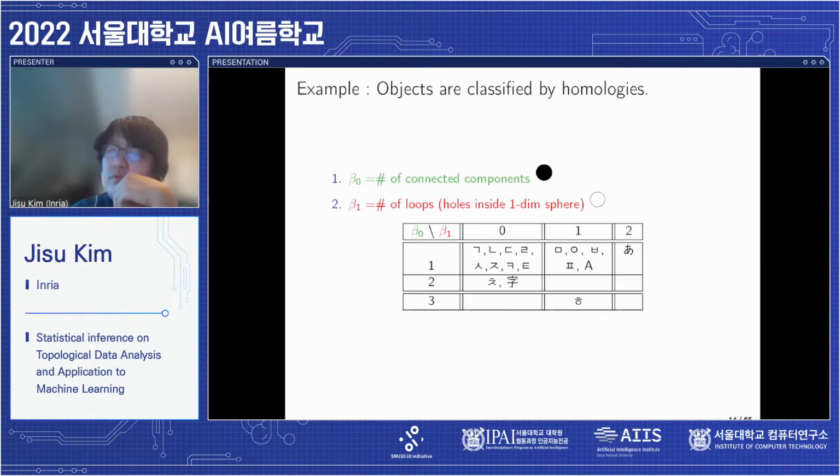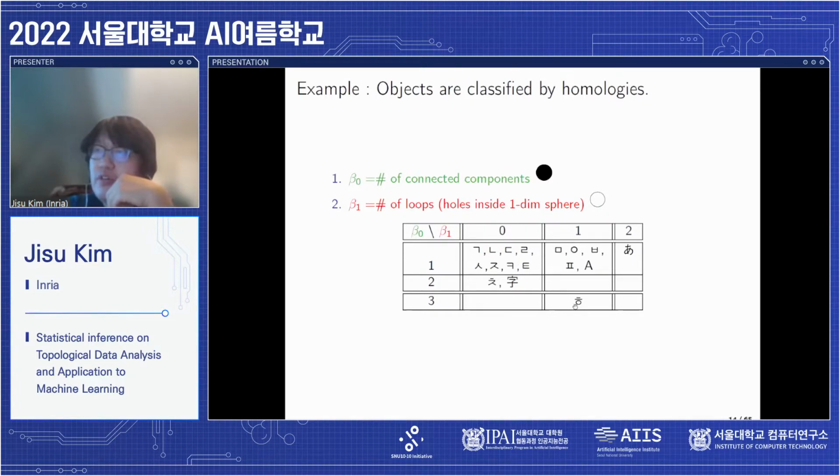So when two objects are equivalent by rotation, then they have the same shape, so they have the same topology. And when you count the number of connected components here, then it is obviously 1. And also they have no loops here, so this Giyeok and Nieun fall into the category of Betti 0 being 1 and Betti 1 being 0.